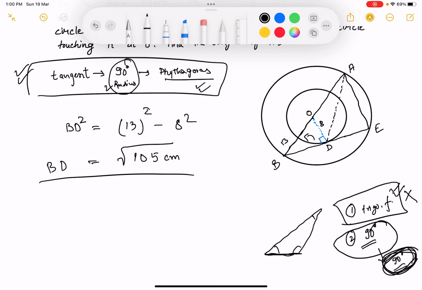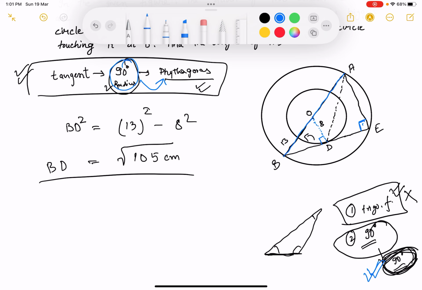And we all know that angle in a semicircle is 90 degree. Yeah, this is 90 degree. This is the diameter and this angle is 90 degree. So we got an angle which is 90 degree, and again we got an angle which is 90 degree. We'll apply Pythagoras theorem. So in this case we have two triangles.